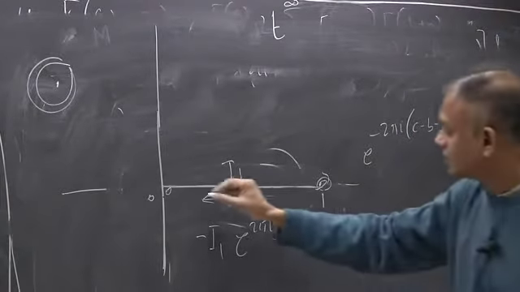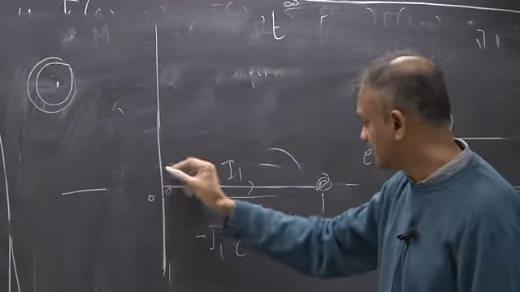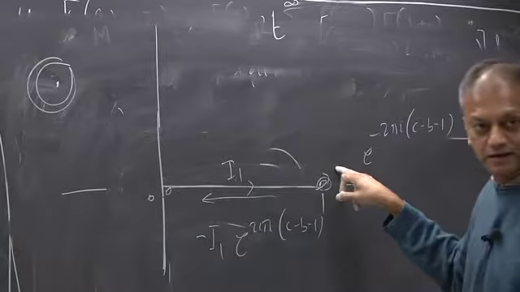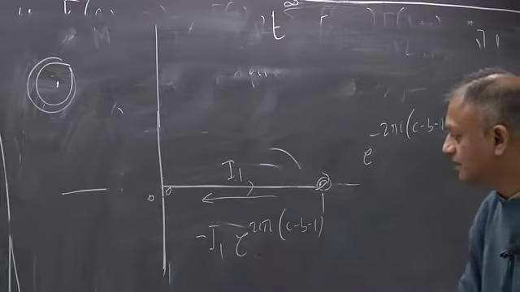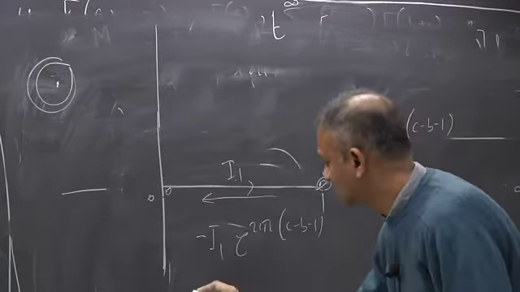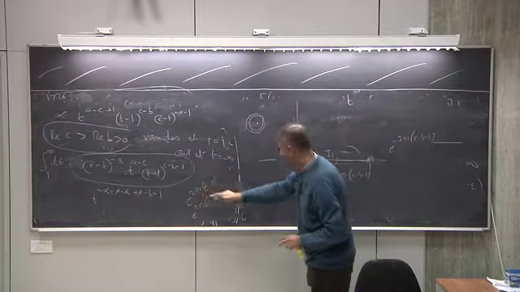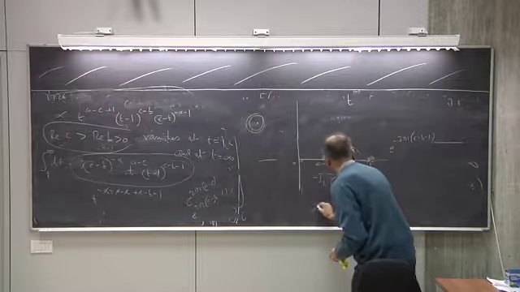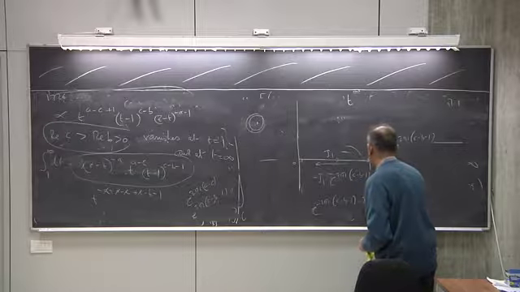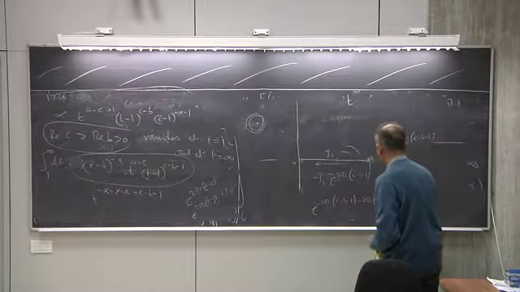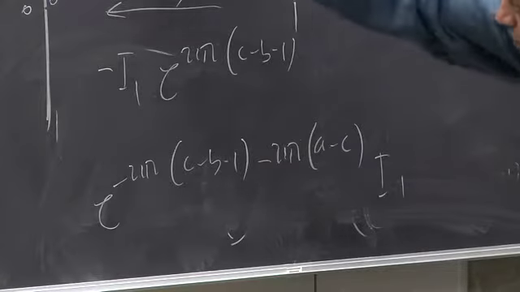Now you go clockwise around this, clockwise again around that, and again go along I1. So the first step you got that, the second step you got that. Now you go clockwise, so you get this phase times the negative of that phase. Altogether you get e to the minus 2 pi i (c minus b minus 1) minus 2 pi i (a minus c) times I1, with no negative sign because now the orientation is the same.